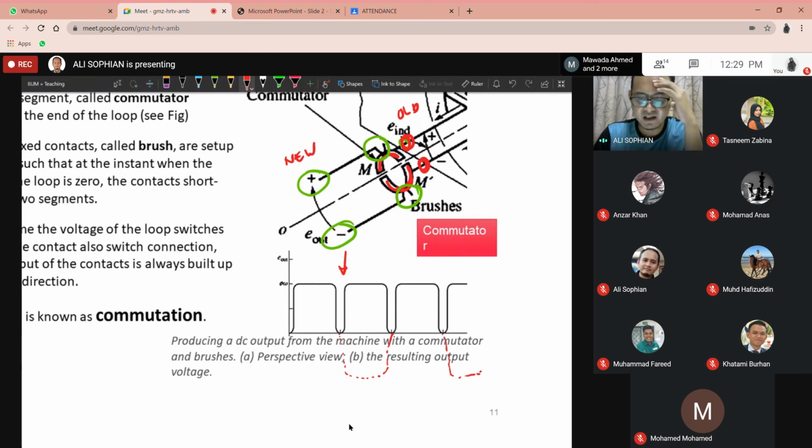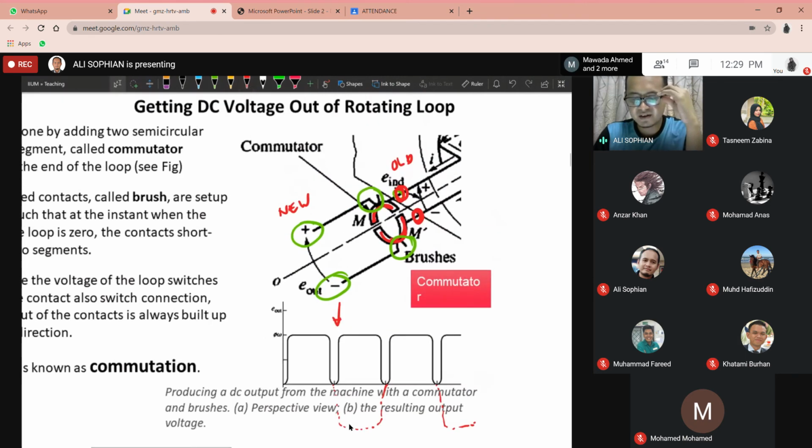Why? Because after every 180 degrees, the connections between the loop and the brushes will be inverted. Every 180 degrees of rotation, the connection is reversed, and that's why now the output always has the same polarity.